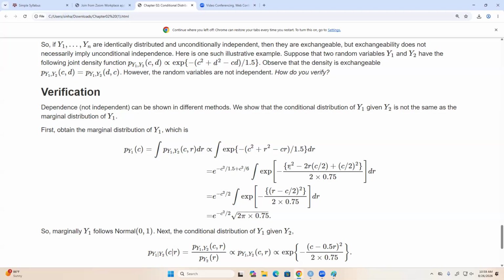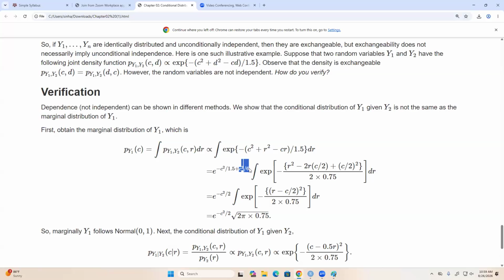So what I did, r squared minus 2rc. You see how I wrote r times c as 2 times r and c over 2. Now, in order to get the c over 2 term here, I need to bring in the c over 2 squared, right? And this is an extra term, and it also has a denominator like this. So I put it outside also, this c square over 6.